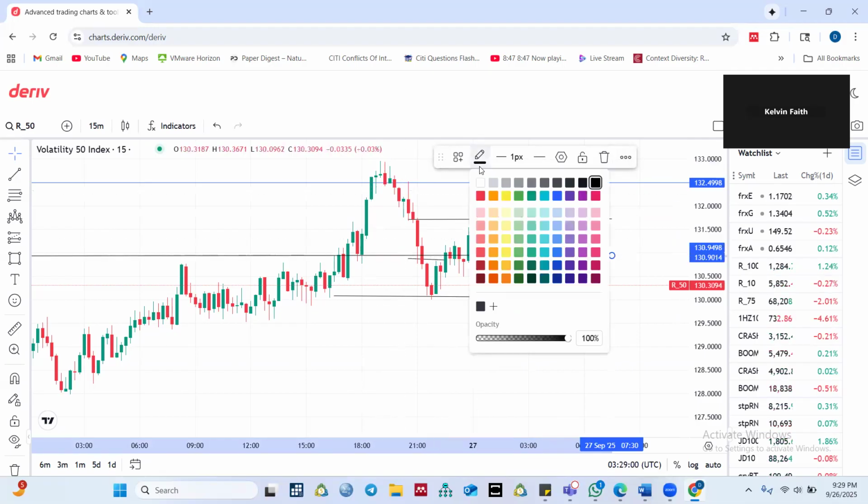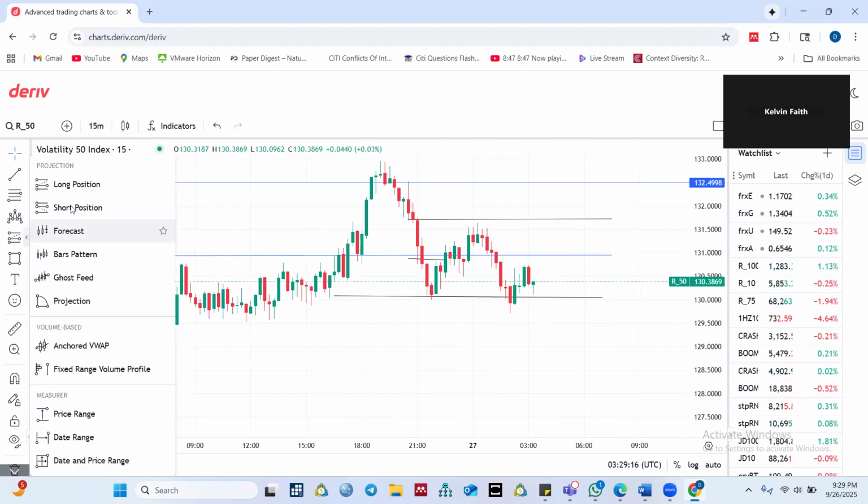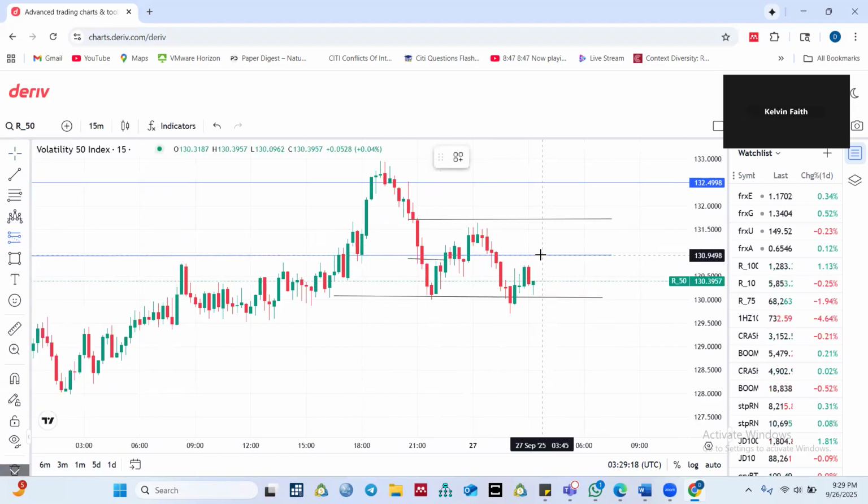Let me change the color for this black line and make it blue. Price pulls below. So as long as price stays below this blue line, it's a sell. So the sell entry is here.